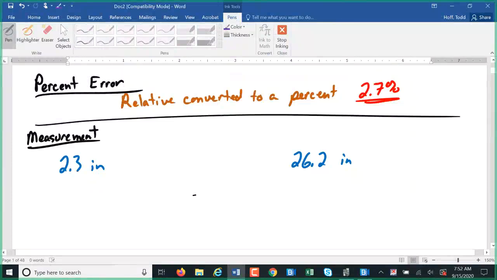Both of these measuring devices have a degree of precision of 0.1 inch, because they both go to the 10th of an inch.